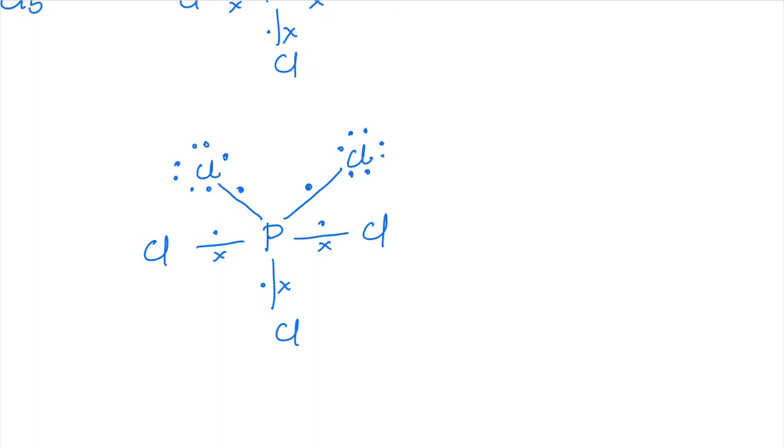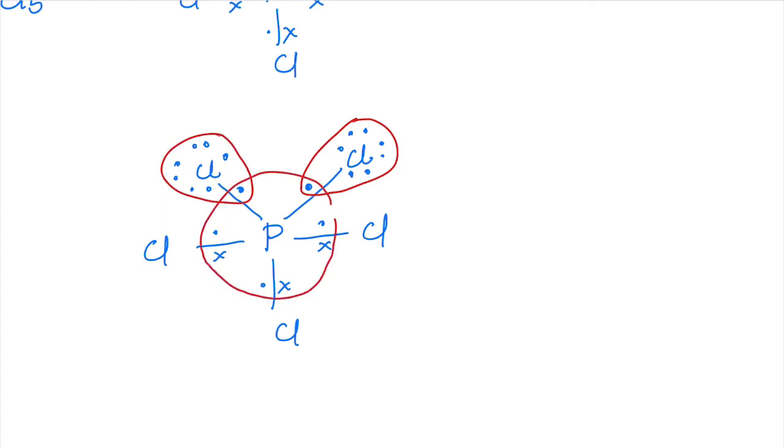Now if you see the octet completion, chlorine is trying to complete its octet like this. Sorry, there is one extra electron. Yeah, fine. And here also chlorine is trying to complete its octet, and phosphorus is completing its octet like this.